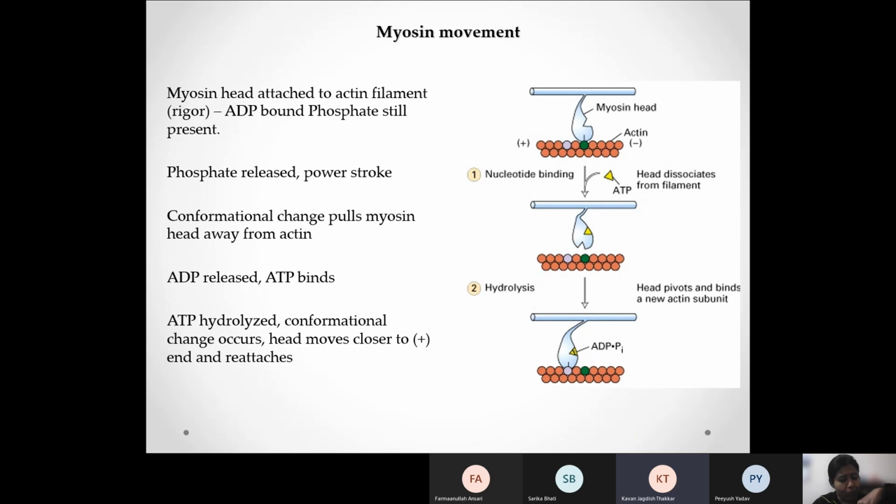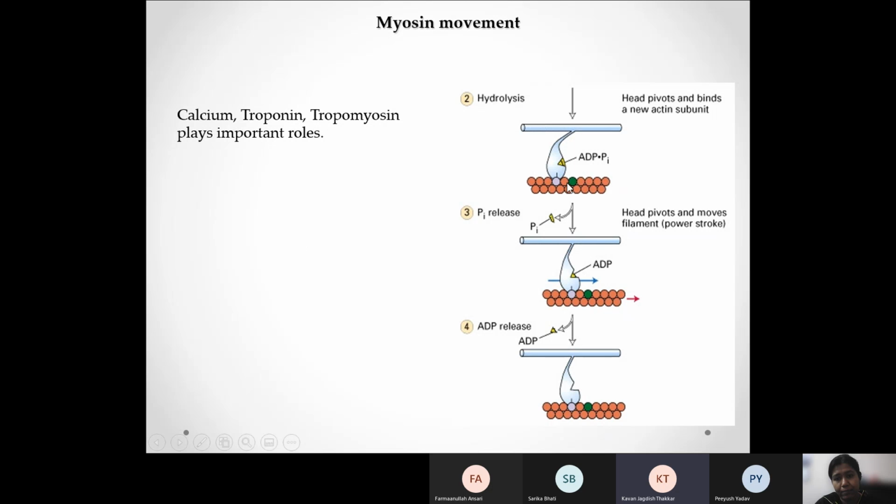Now, in this position, when the inorganic phosphate is released, there is a change in orientation of the myosin head with respect to the tail and the neck. So this change in orientation of about 45 degrees, that creates the power stroke, as you can see here.